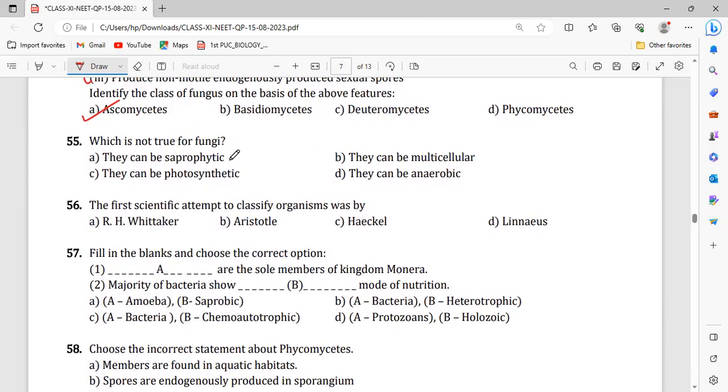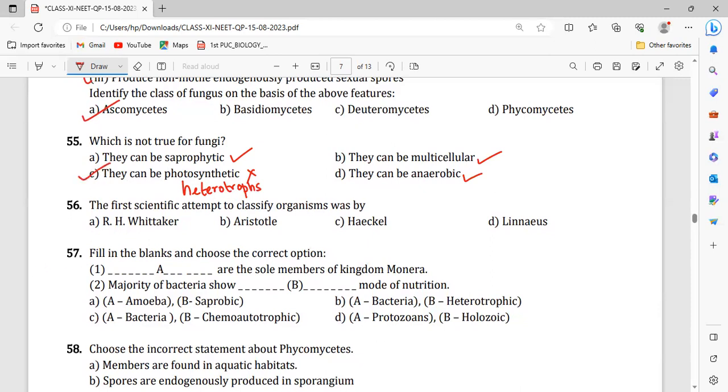So they are saprophytic, yes, they are multicellular, yes. They can be anaerobic in some cases, yes, and they can be photosynthetic. They never are photosynthetic. They are heterotrophs. So answer is option C.